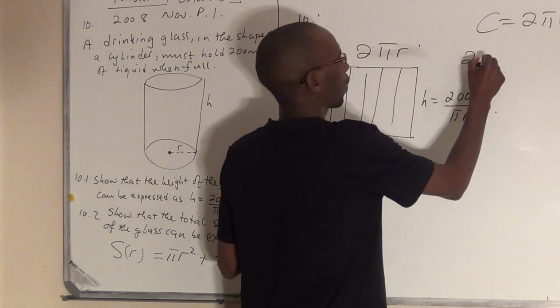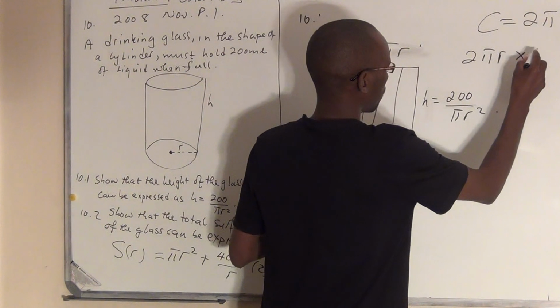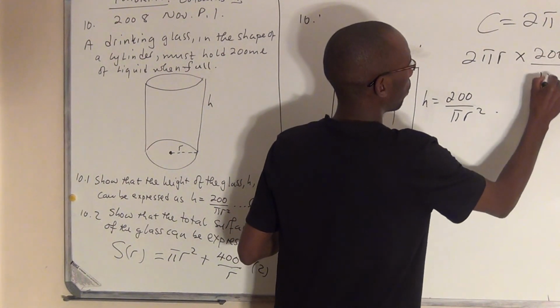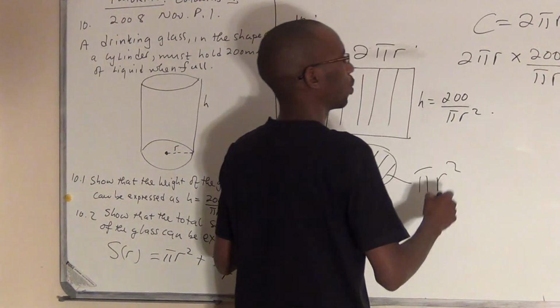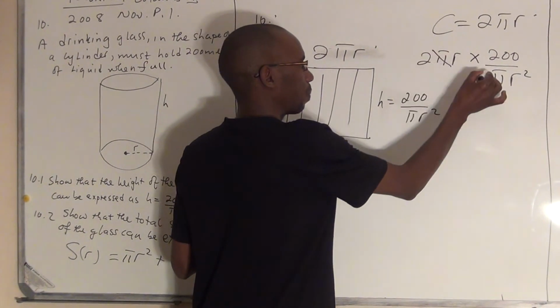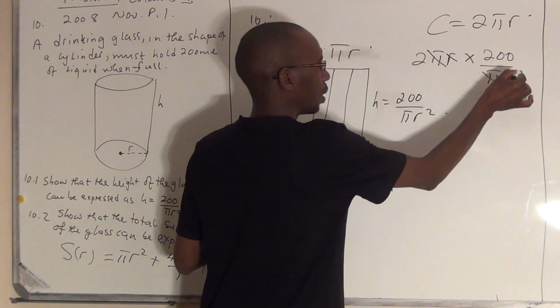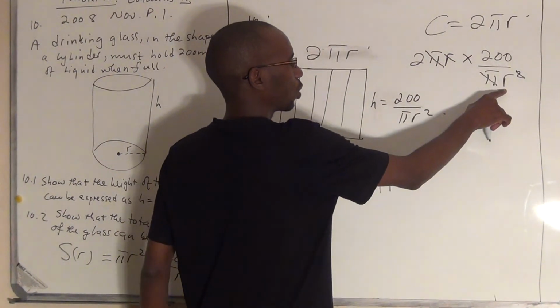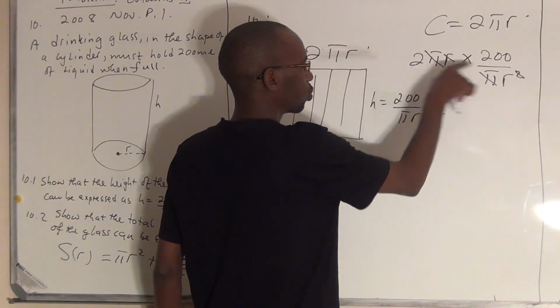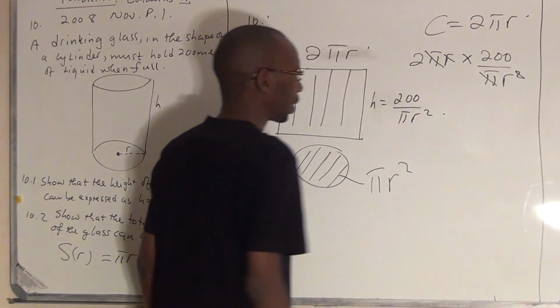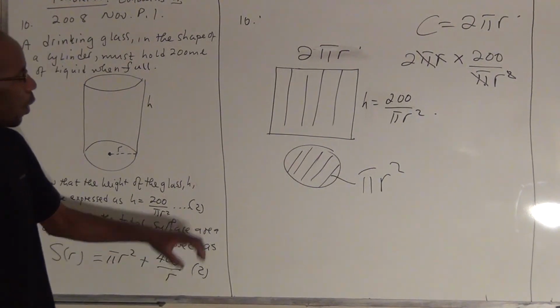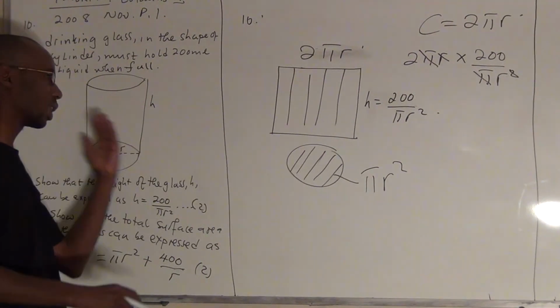So it will be 2 pi r multiplied by 200 over pi r squared. You agree with me? Our pi will cancel, our r will cancel as well, so we remain with 200 over r times 2, so 400 over r. But then we are saying that for the total area, we have to consider the base and the curved surface.